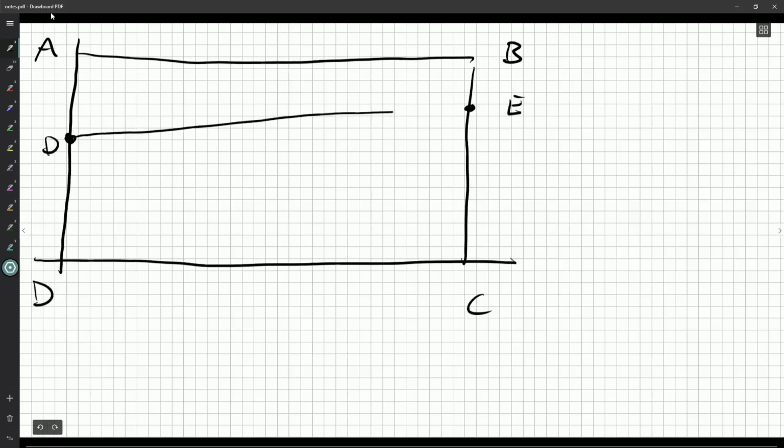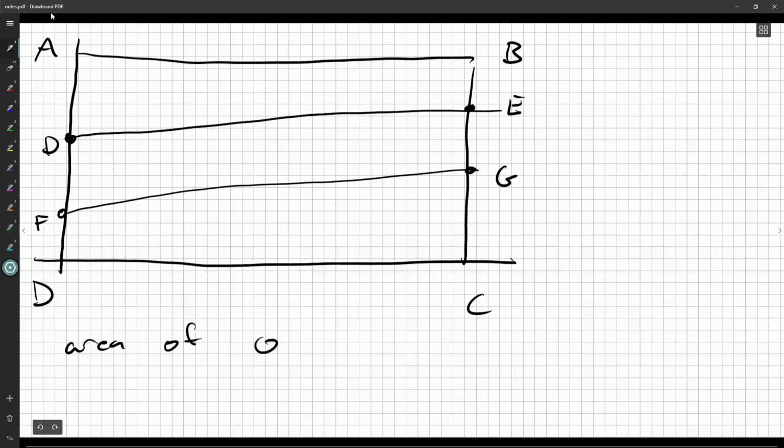And so we've got this line L. Now we want another line parallel. And we get a G here and an F here. So area of, oops, this is not a D, this is an O.